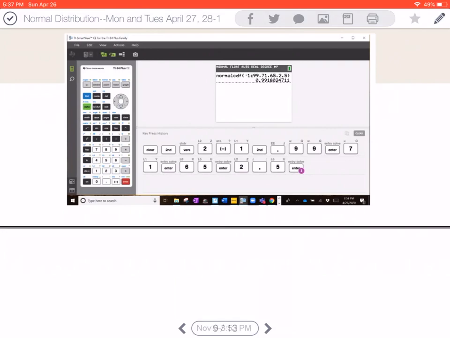So if it's not already there, you're going to put negative, not minus, -1, and then your second comma button, which is the double E, that's what pulls up that big E, and then 99. Hit enter, and we're going to input our upper value, right? So that's where we are stopping. In this case, we want to know how many are less than 71. So 71 goes into that upper.